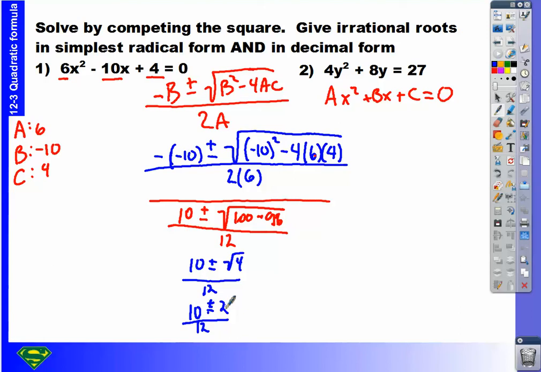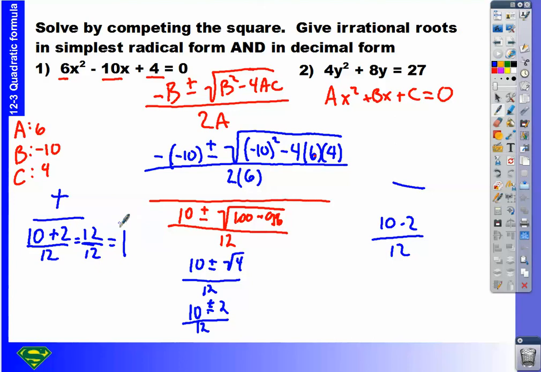But at this point, you need to go to positive land and negative world. Now in positive land, we have 10 plus 2 over 12. In negative world, we have 10 minus 2 over 12. 10 plus 2 is 12 over 12.